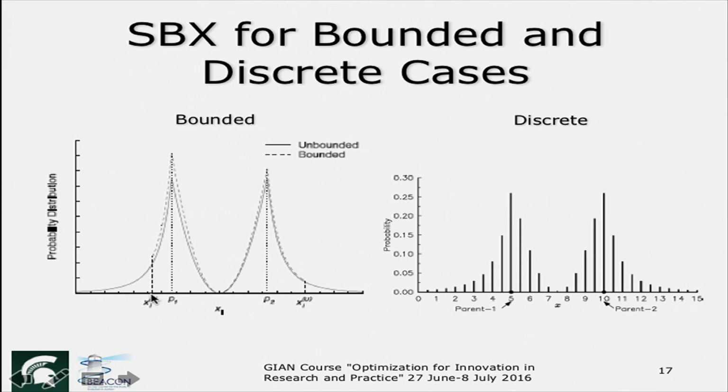So that there is 0 probability here, and all the probabilities are here to create. You will create one child here. And similarly, this one is computed and redistributed here. Now, with this modified one, you will not go beyond your bounds. You will always satisfy the bounds, and still have that SBX property.